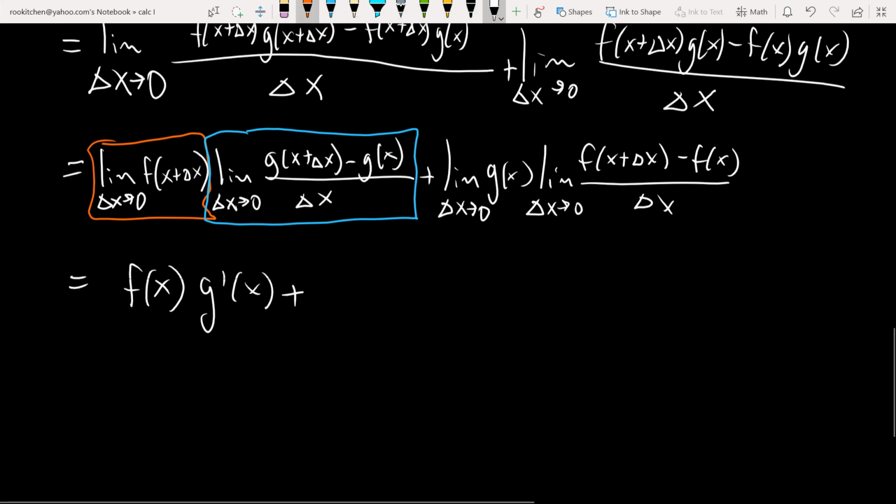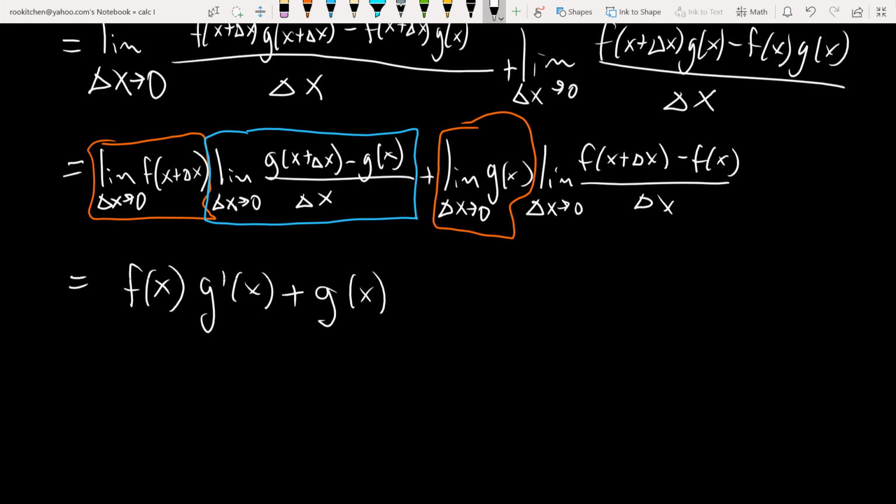I'll put it in red again. The first factor in that product, in the second term of this expression, with respect to change in x going to 0, is basically just a constant. So the limit of g of x is just g of x. And then the second factor there is the derivative of f of x.